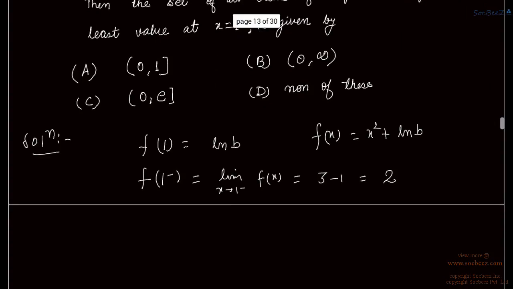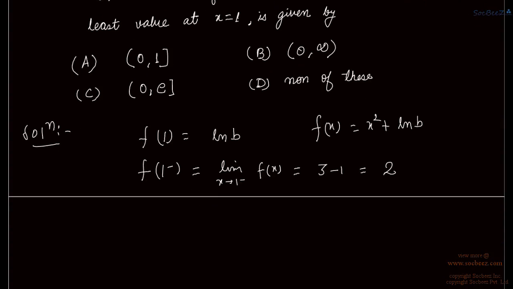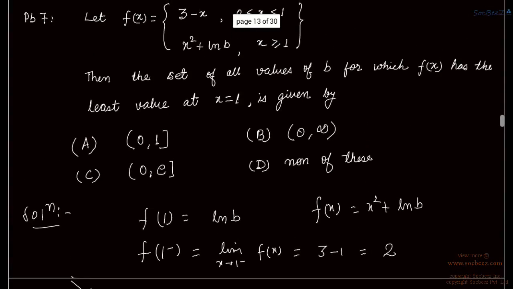So let us again have a graphical approach. We have a curve y is equal to 3 minus x. So y is equal to 3 minus x up to x is equal to 1. So at x is equal to 1, its value is 2, and at x is equal to 0, its value is 3. So up to x is equal to 1, we have this curve, right? And we have another curve, that is x square plus ln b.